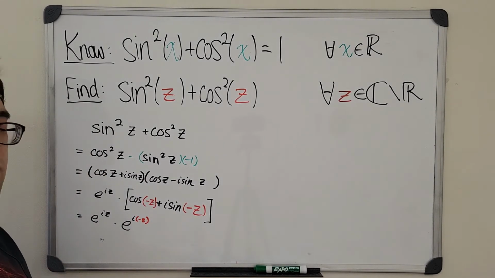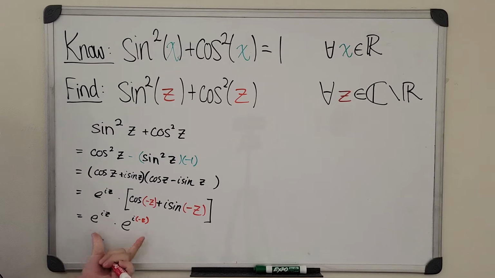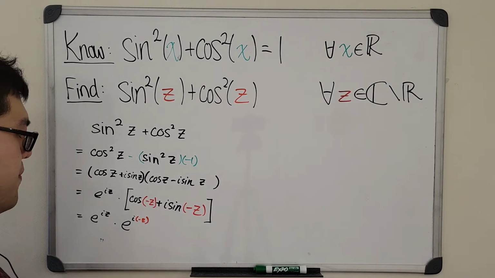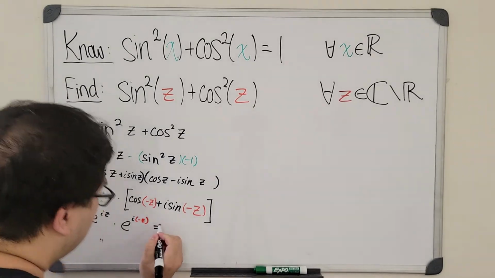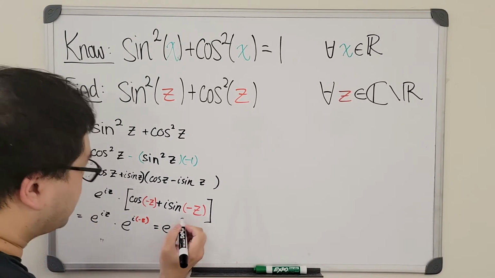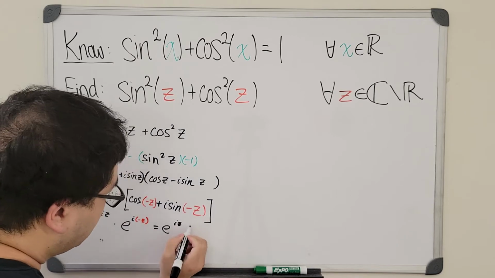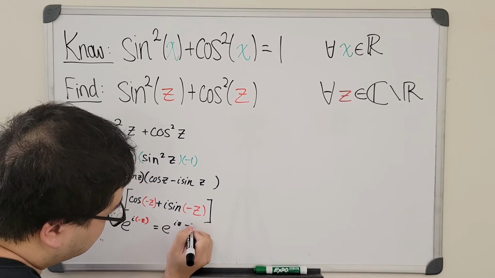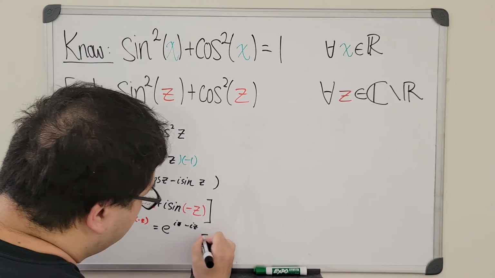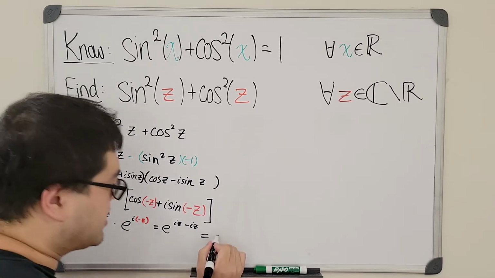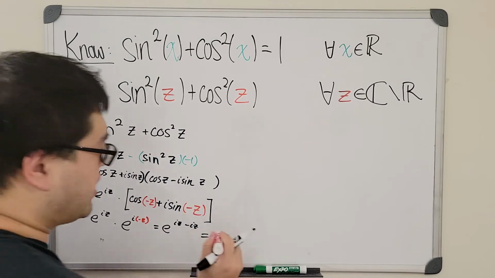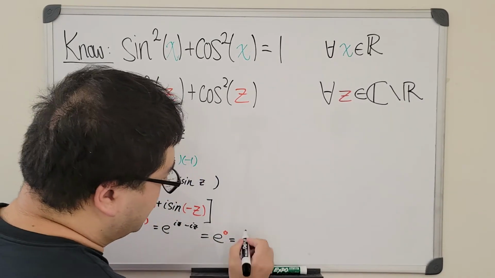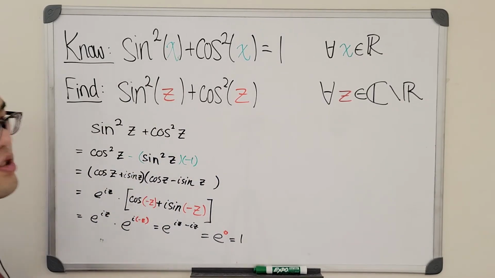And last but not least, we have the same base. We can just use the exponent property. We will just add the two exponents together to get iz plus i(-z), which is the same as minus iz. And ladies and gentlemen, we get 0 in our exponent, and by definition e to the 0 power is just 1.